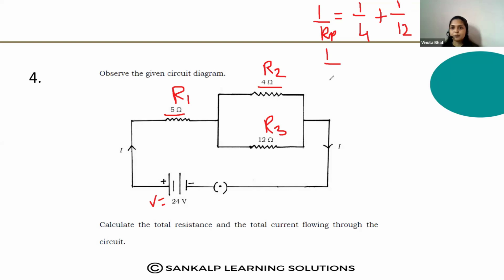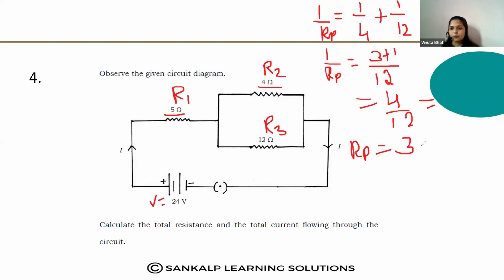Then 1 by Rp is equal to (3 plus 1) by 12, that is 4 by 12, so Rp is equal to 3 ohm.